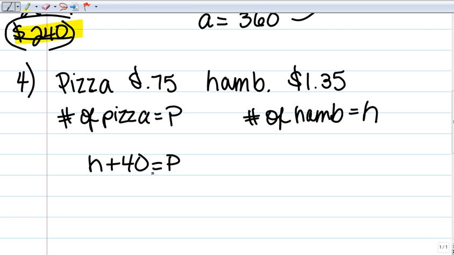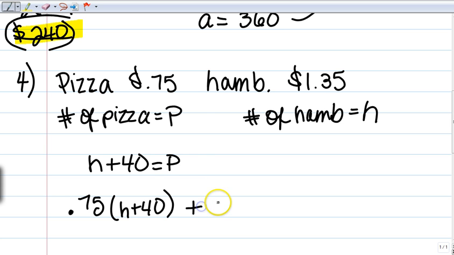Well, let's use what we have. We know that each slice of pizza was 75 cents, and we know that P is going to equal H plus 40, because that's how we're going to keep the same variable, plus $1.35 per number of hamburgers we sold equals $292.50.